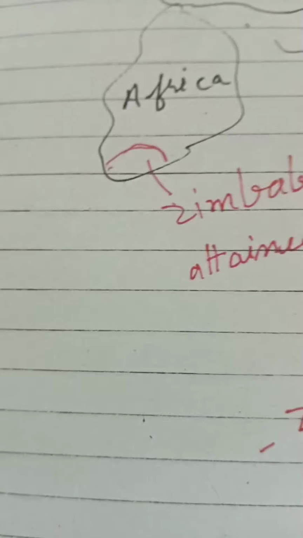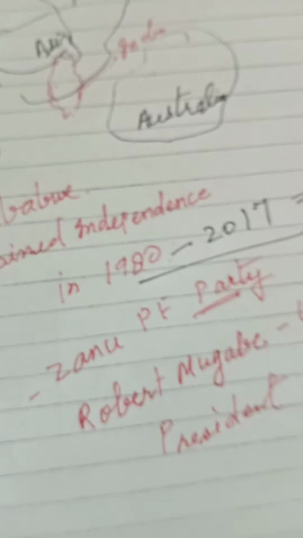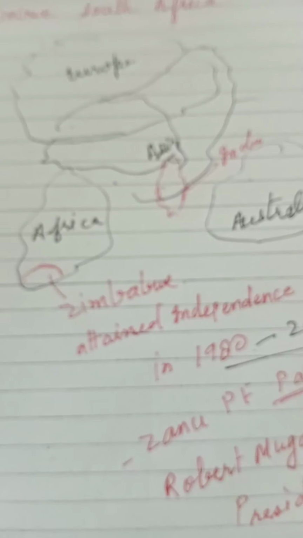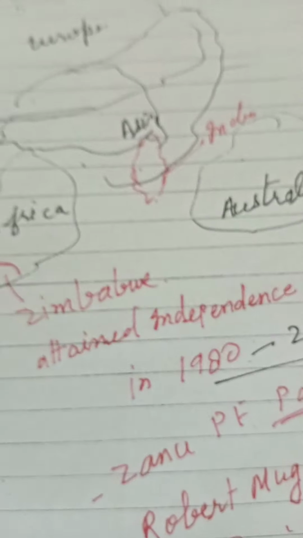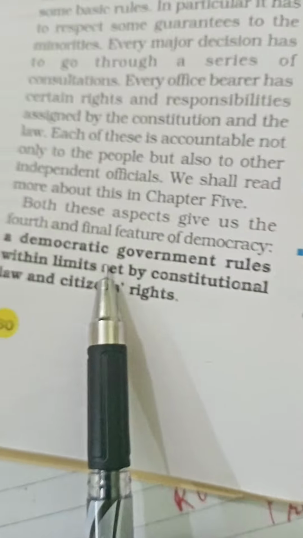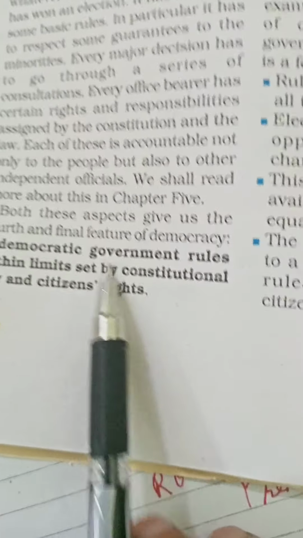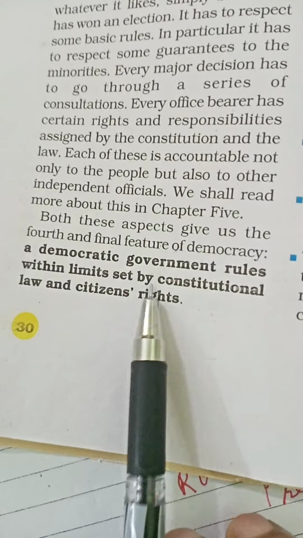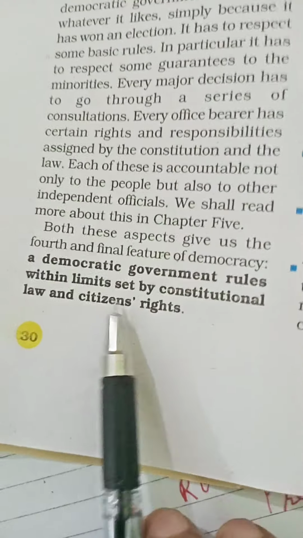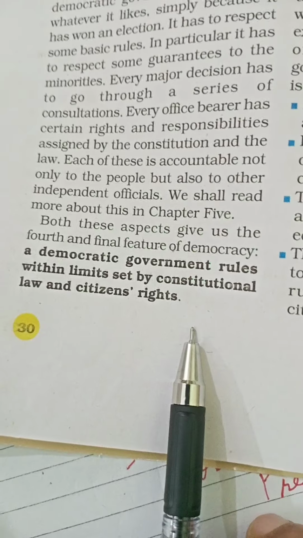In our country also we have a judicial system. We have high courts and later the Supreme Court. So in this way, the fourth feature of democracy: a democratic government rules within limits set by constitutional law and citizens' rights.